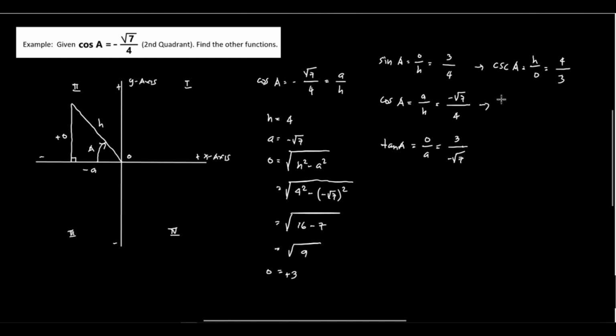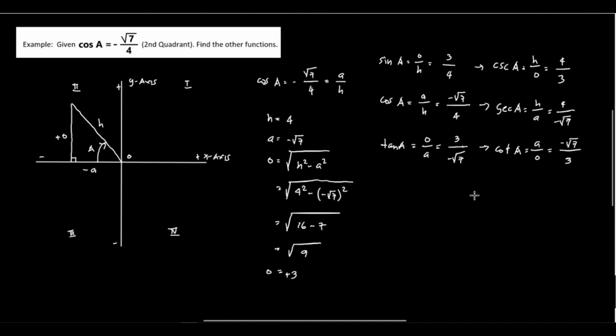Next, the reciprocal of cosine A is secant A, and it is h over A, and h is 4, and A is negative square root of 7. And last, the reciprocal of tangent A is cotangent A, and it is A over O, and A is negative square root of 7, divided by 3.